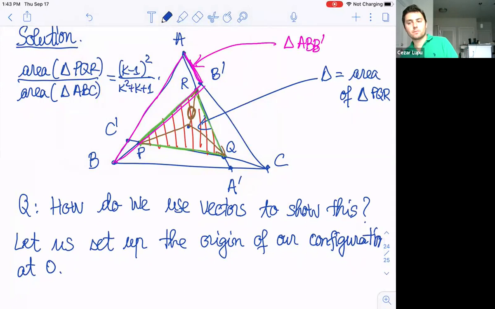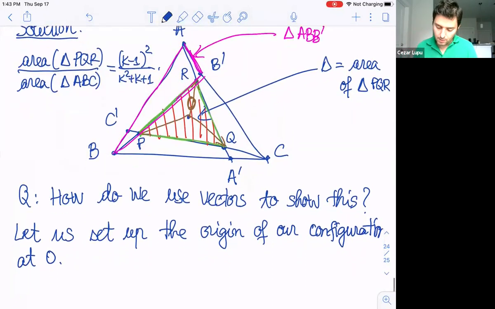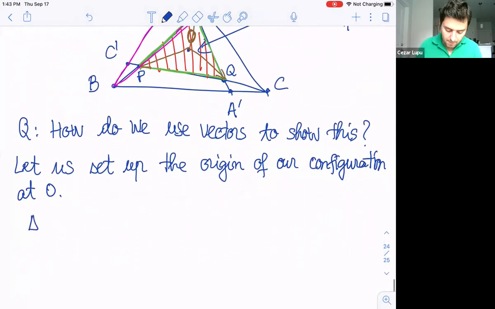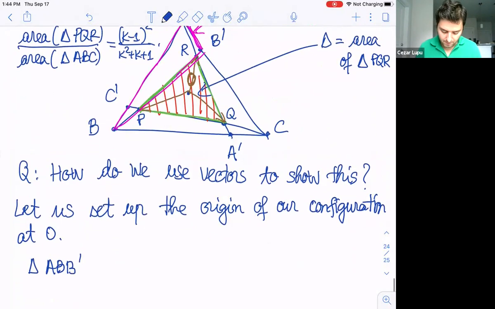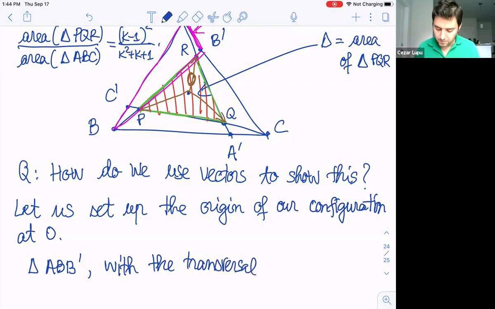It has this line, and you have to turn the picture upside down to see it: C, P, and C prime, with the transversal C, P, C prime.